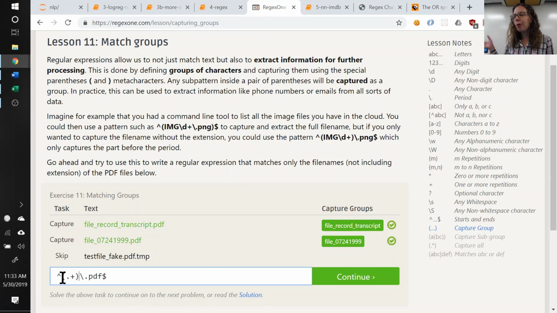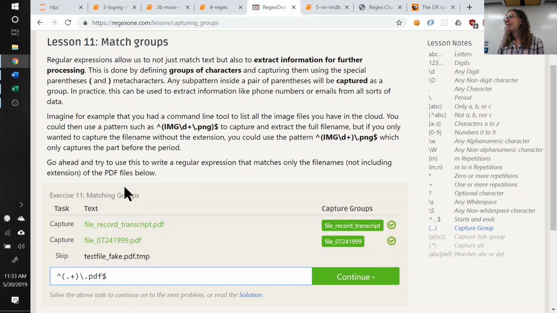Using parentheses will capture the group, so you're not just identifying this is a PDF file, but you can get what came before the .pdf, the file name. So I wanted to showcase that.